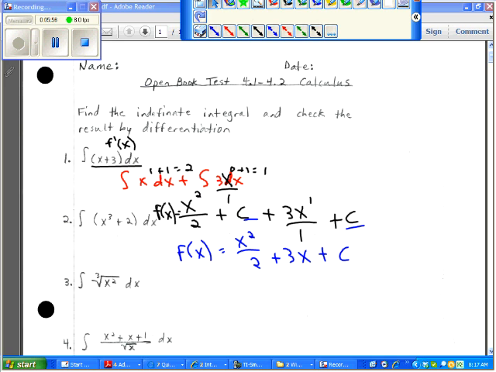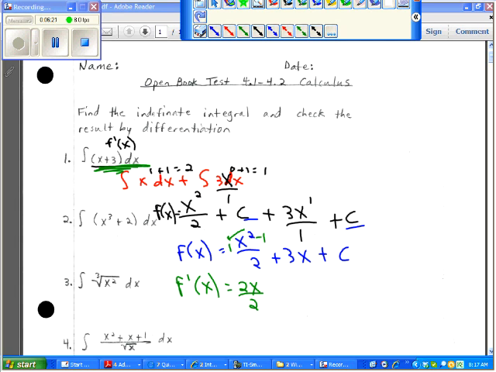Now, it says to check, so we want to check this by taking the derivative of the original function and see if we end up with what we had to start with. To take the derivative, remember we take the exponent times the coefficient, so we would have 2x over 2, and then we would reduce the exponent by 1, so that would leave us x.